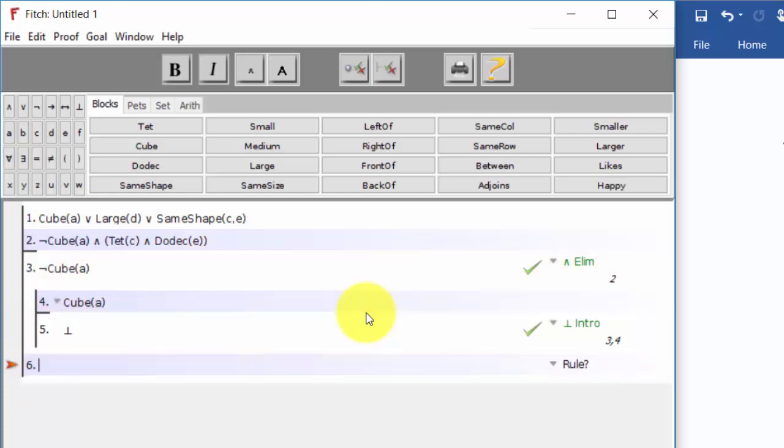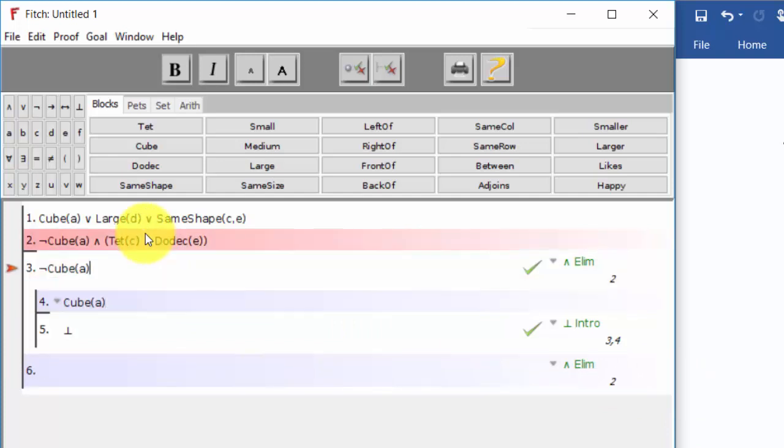Okay, then the next thing that we did is we talked about C is a tetrahedron and E is a dodecahedron. And we can pull that out from 2 by using conjunction elimination.